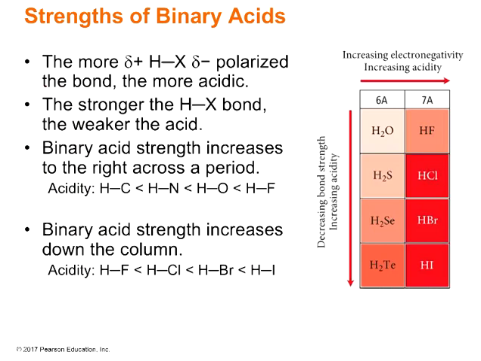If something can donate a hydrogen ion really easily, that means that it is a very strong acid. But if something does not donate a hydrogen ion very easily, then it is a weak acid. So if we're looking across a row of the periodic table, binary acid strength will increase to the right.